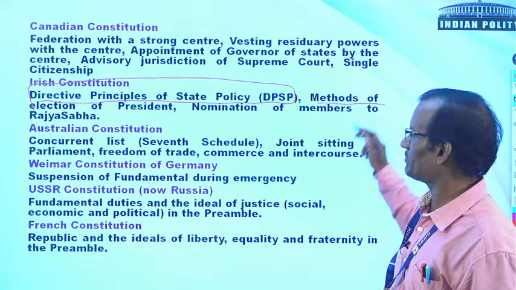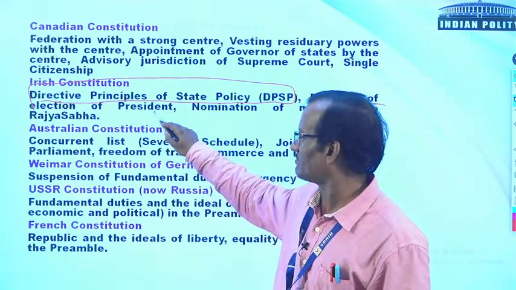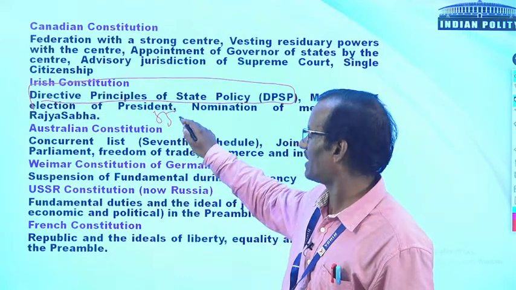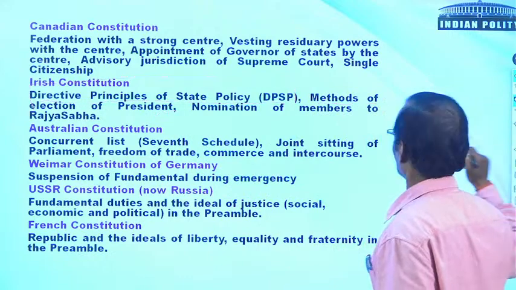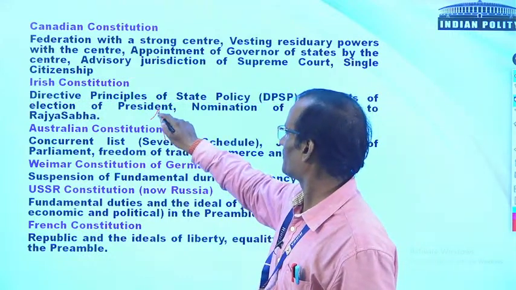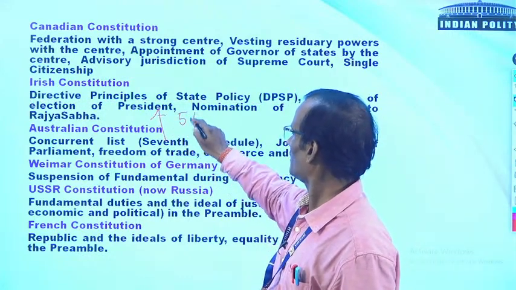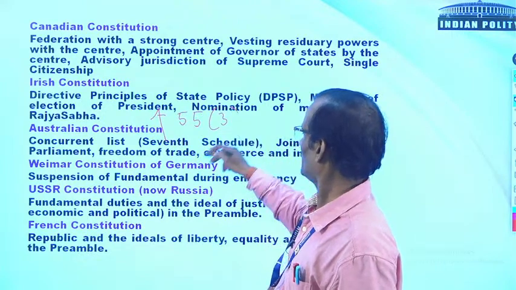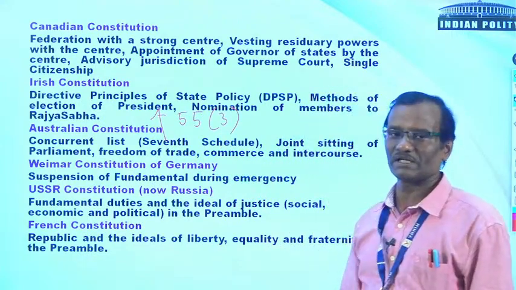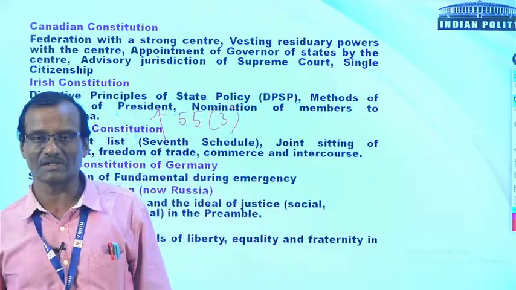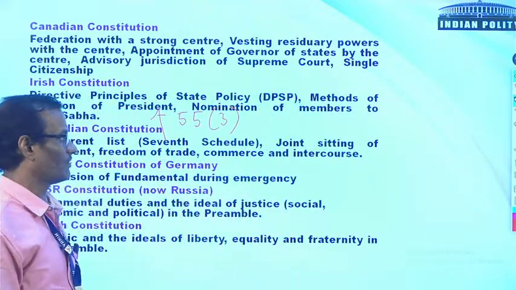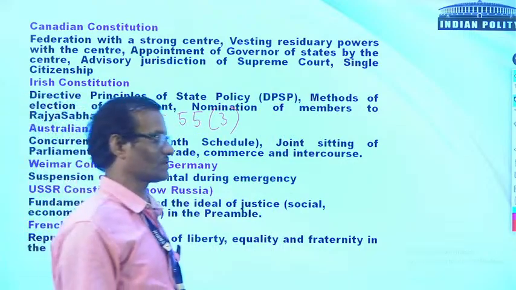We have also borrowed the method of election that is mentioned in Article 55, Clause 3 of the Indian Constitution: proportional representation by means of the single transferable vote in secret ballot, which we have borrowed from the Irish Constitution.